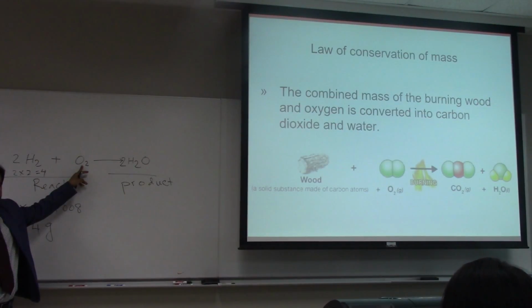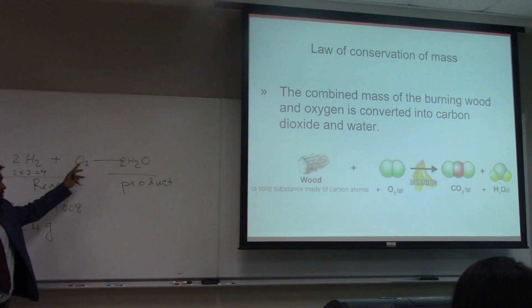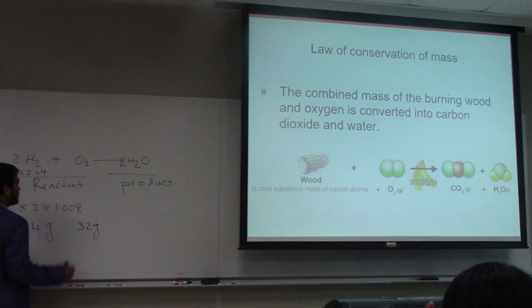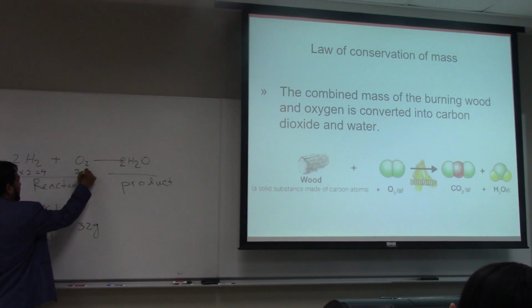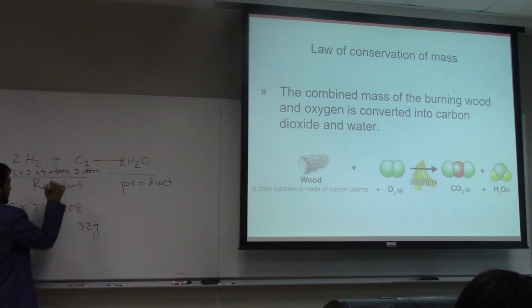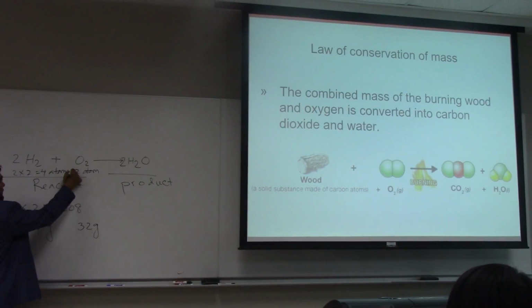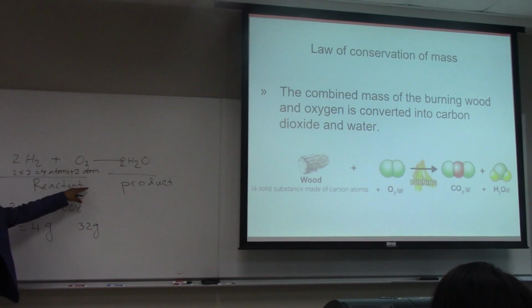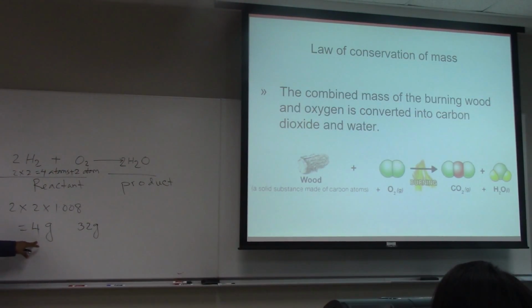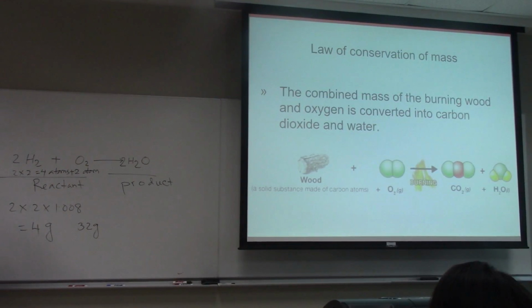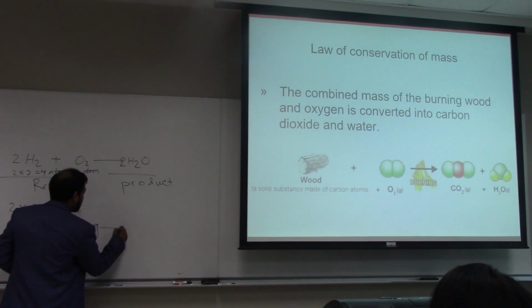reacting with 2 oxygen atoms. And how much oxygen? I have 32 gram. So 4 atoms of hydrogen plus 2 atoms of oxygen, and 4 gram of hydrogen and 32 gram of oxygen, and it's reacting.